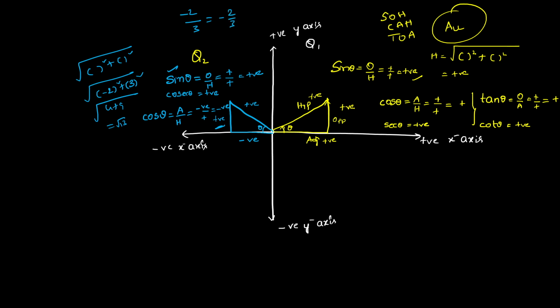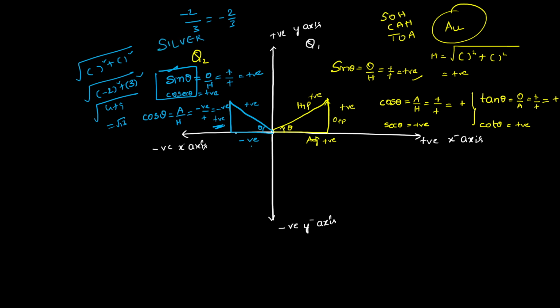So if cos theta is negative, then its reciprocal secant theta is also negative. And tan theta is opposite by adjacent, so opposite is positive, adjacent is negative, so tan is also negative. Only sine and its reciprocal cosecant are positive, the remaining ratios are negative. So that's why we remember it as all silver teacups.